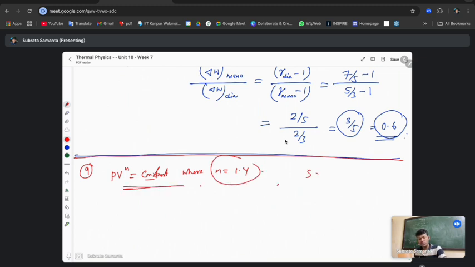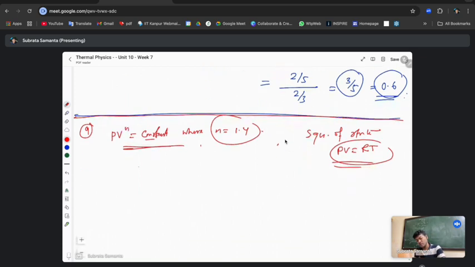And the equation of state is PV equals RT. So these two pieces of information are needed, okay? Which equation of state you are using and what the process is. Then you just calculate this, because we have already calculated it for the adiabatic process, PV to the power gamma equals constant, okay?